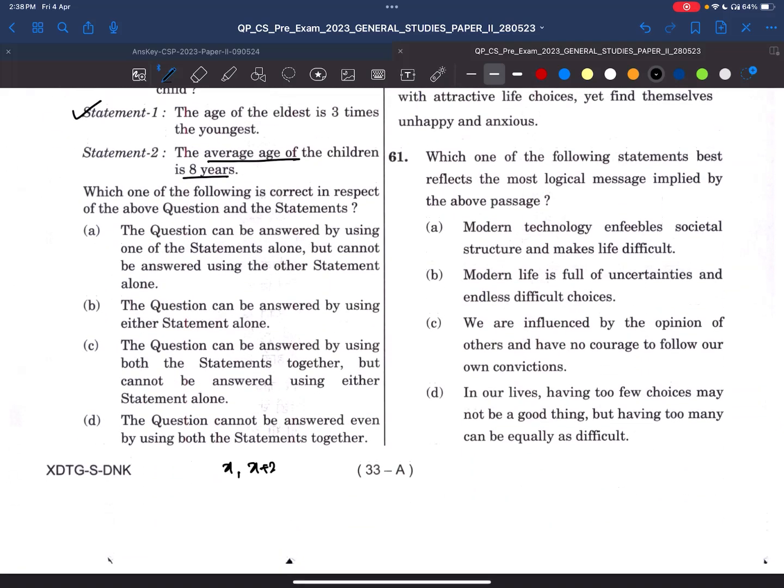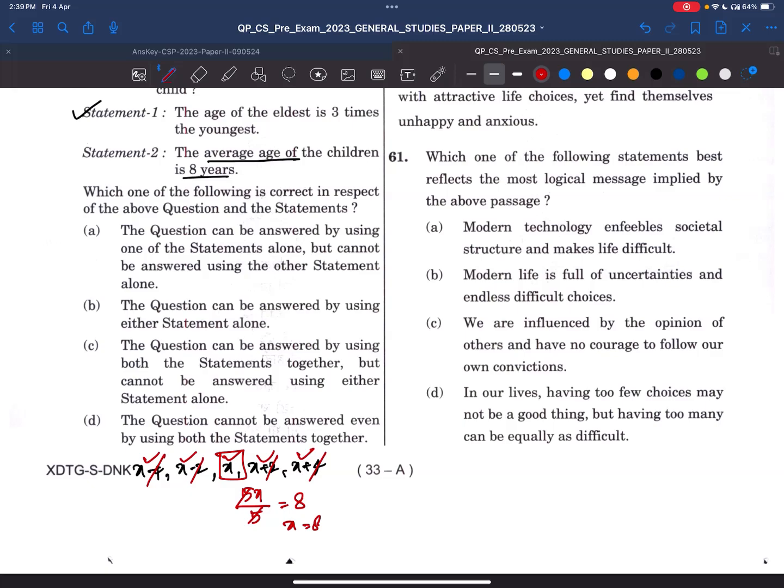X, X plus 2, X plus 4, and X minus 2, X minus 4. What will be the average? We have to add all these and divide by 5, right? When you add all these, plus 2 and minus 2 cancel. Minus 4 and plus 4 cancel. What is left? 1, 2, 3, 4, 5. 5 times X by 5 equals the average value 8. So X is equal to 8.